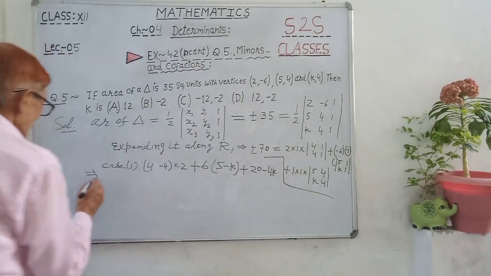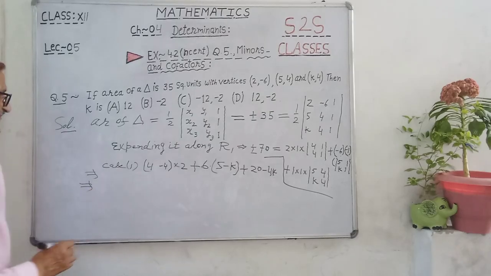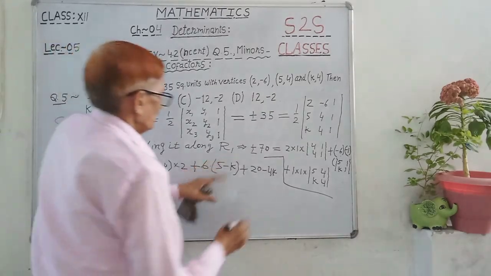-4k. Now next, simplify: it is equal to positive 70.